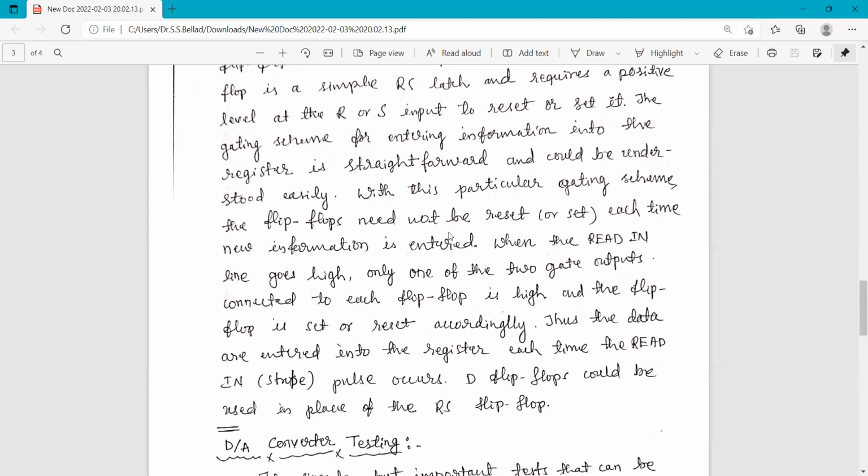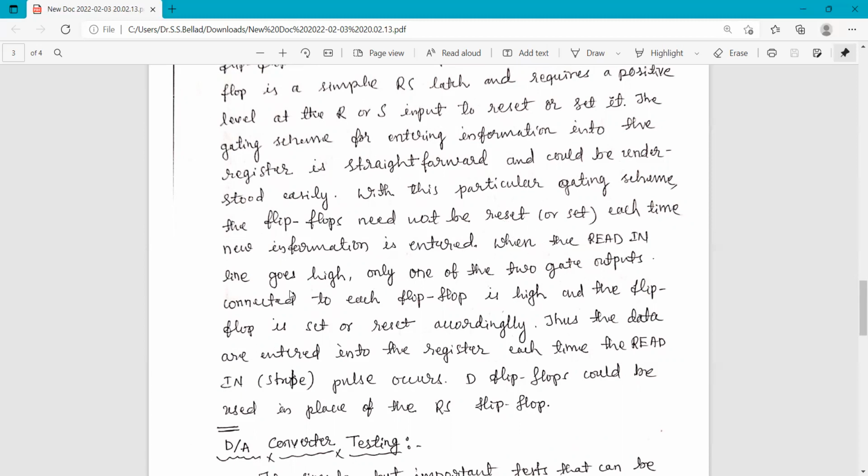These RS flip-flops need not be reset because the resetting or setting of the flip-flops takes place according to the output of the gates, which is fed into the RS flip-flops.